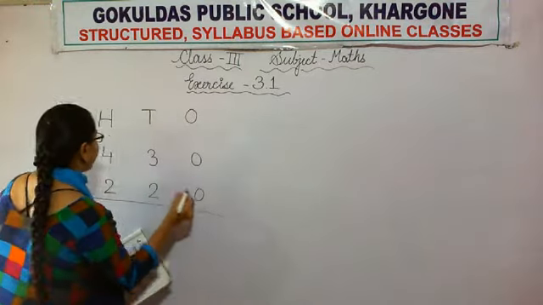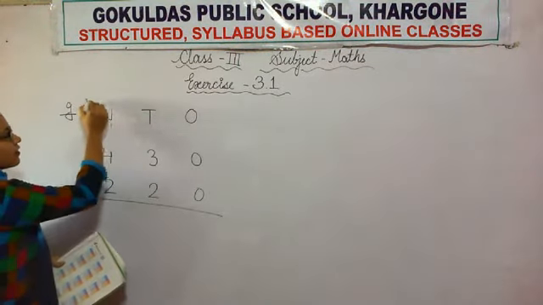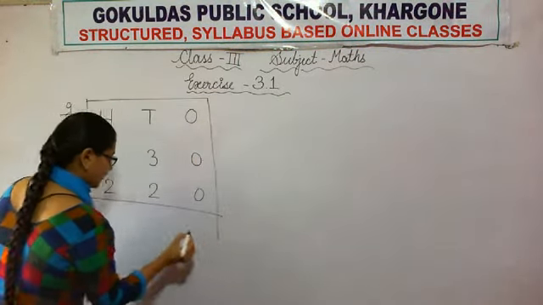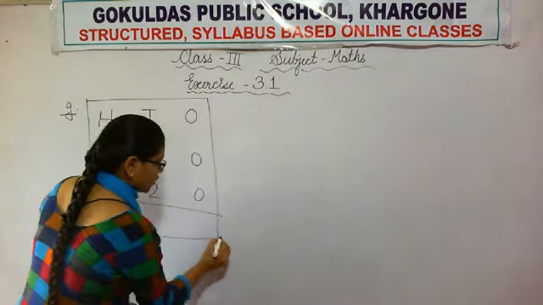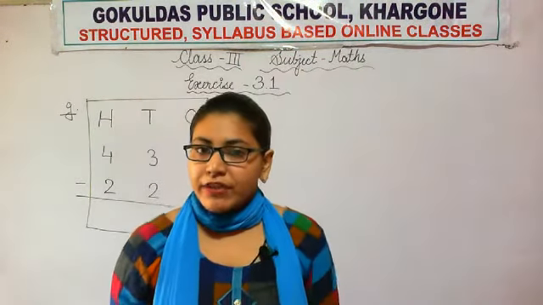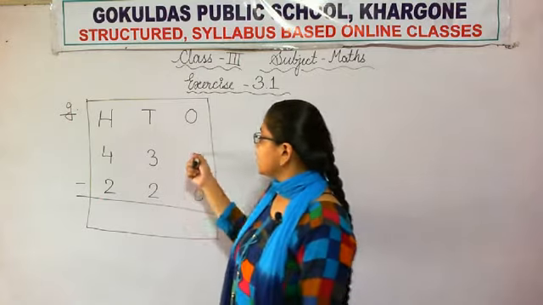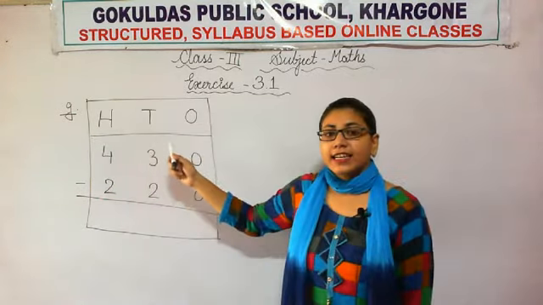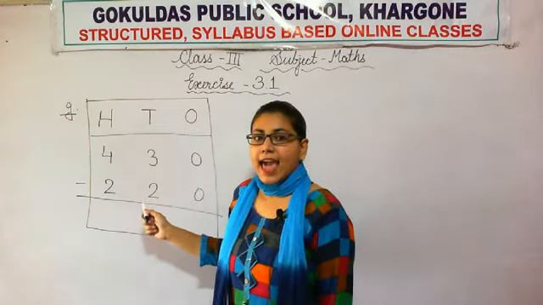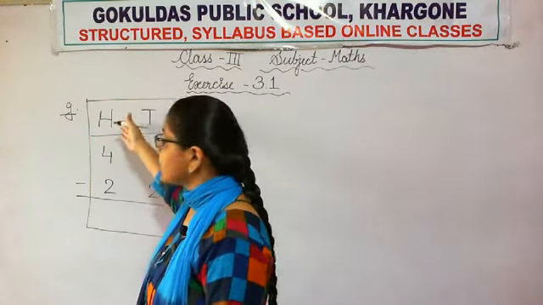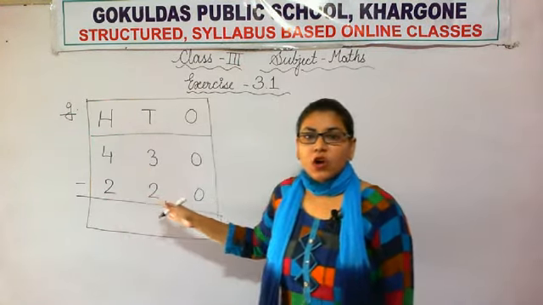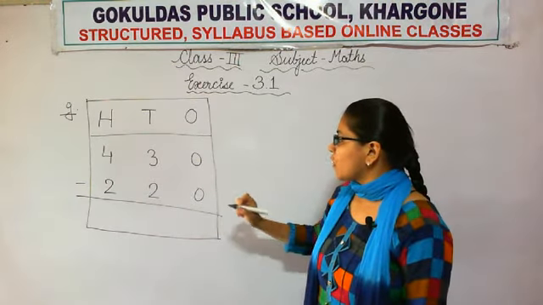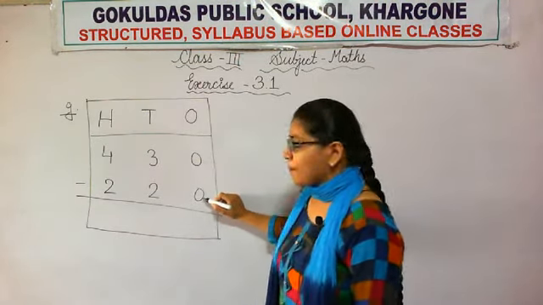Now, let's subtract. The very first step is subtract ones from ones, then subtract tens from tens and at last hundreds from hundreds.